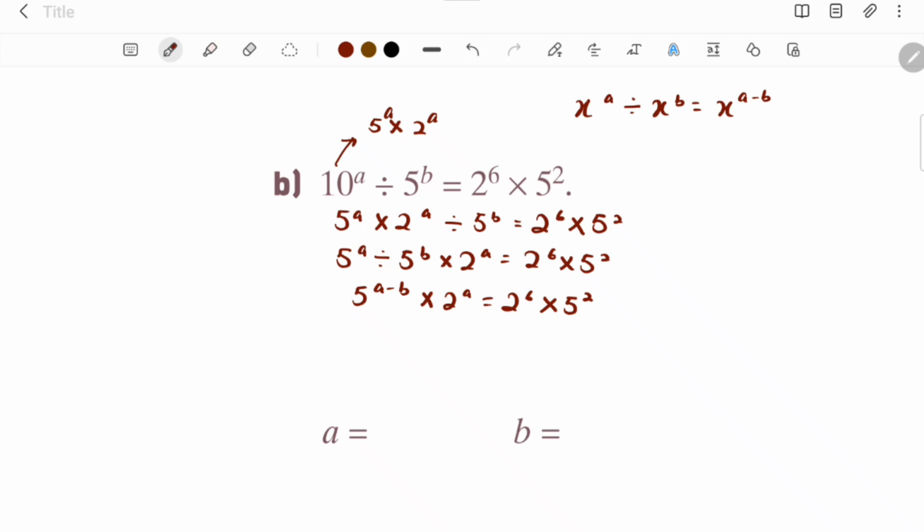So you should know that a minus b is equal to 2, and then a equals 6. So we already know that a equals 6, so we just substitute here. 6 minus b you get 2. So b should be 6 minus 2 equals 4.